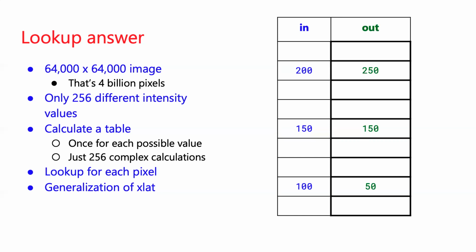And at entry, say 100, it could store the new intensity for a pixel that started out with an intensity value of 100. So if 100 was a little bit dark, the increased contrast image could have a 50 instead, so that'd be even darker. A medium pixel like 150 could stay at the same intensity. A bright pixel like 200 could get even brighter. And then once we filled in this table, we could just do table lookup over and over again.